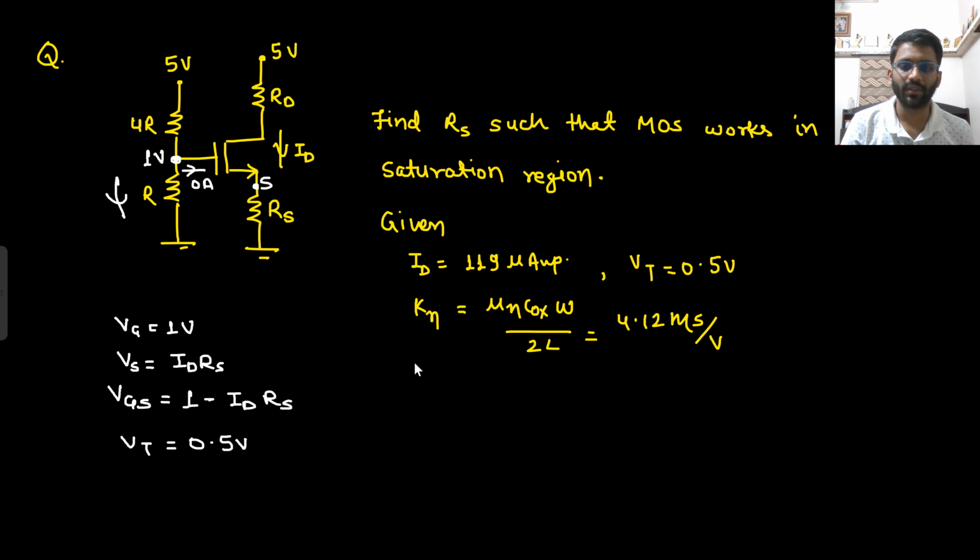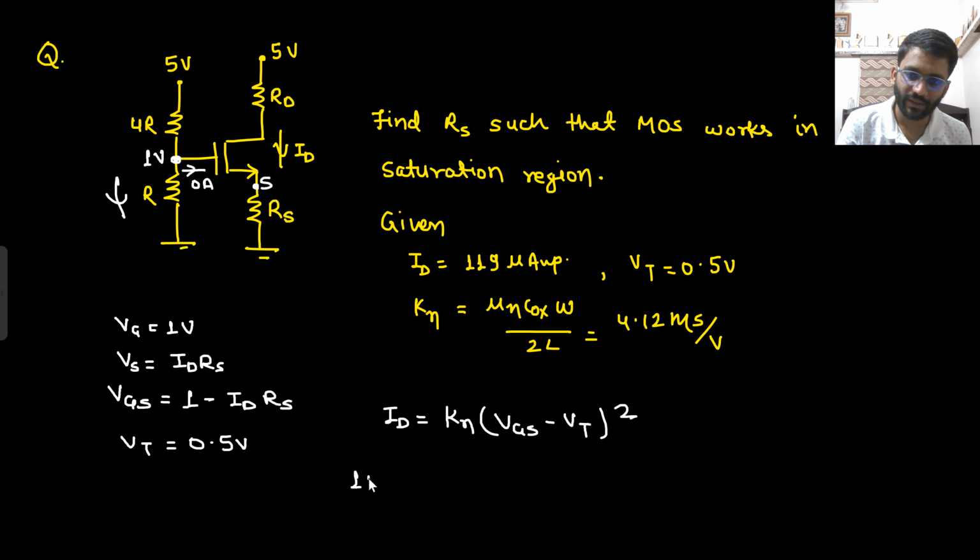Now current equation is given already. So ID is Kn into (VGS minus Vt) whole square, because Kn is already defined. Kn is mu n Cox W by L. So ID is 119 micro, that is equal to 4.12 milliampere per volt squared.